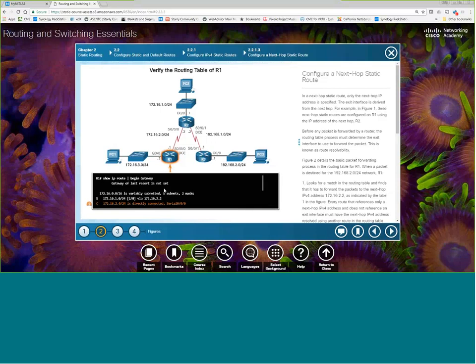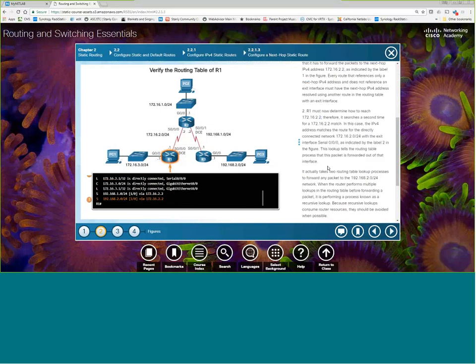Before we had CEF, this type of setup where you did next hop IP address would be a big problem because it would cause what was called a recursive lookup. So you'd go in here and say, okay, in order to get to this network, 192.168.20, I've got to go to the network 172.16.22. We then have to go up and do a recursive lookup and find out where the 172.16.20 network was. Again, with CEF, not that big a deal anymore.